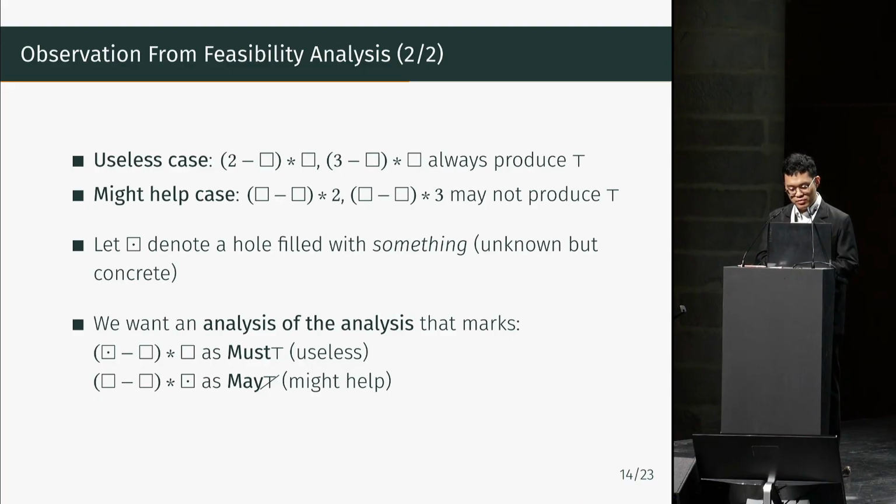So that is not top, so it might help, because it may not produce top. And let me use this dotted hole notation to denote a hole filled with something unknown but concrete. And now we want an analysis of the analysis that marks these useless cases as must have, and the might-help cases as may not have, which we are interested in.